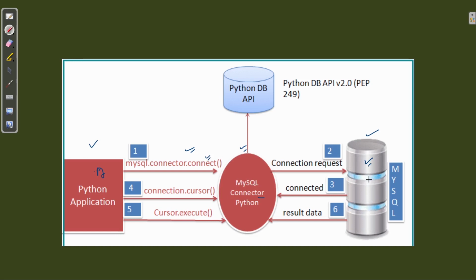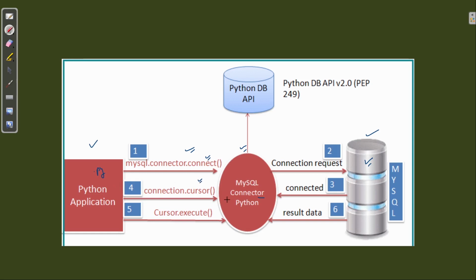If everything is okay, your MySQL is installed, and your host name, username and password are matched, then it will be connected. Now, in the fourth step, we will call the cursor function.